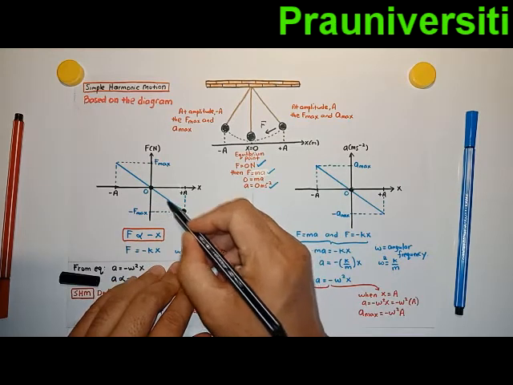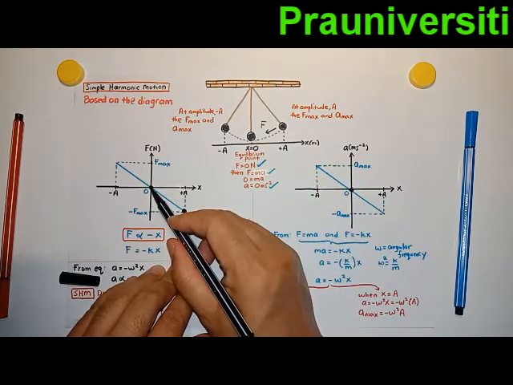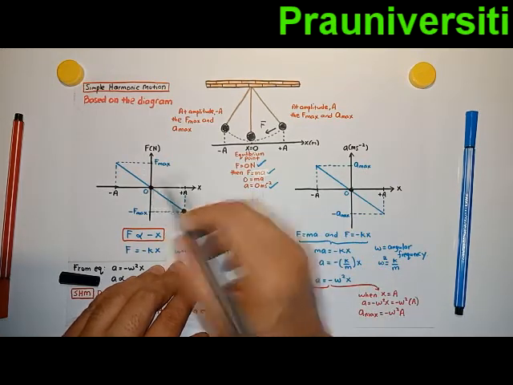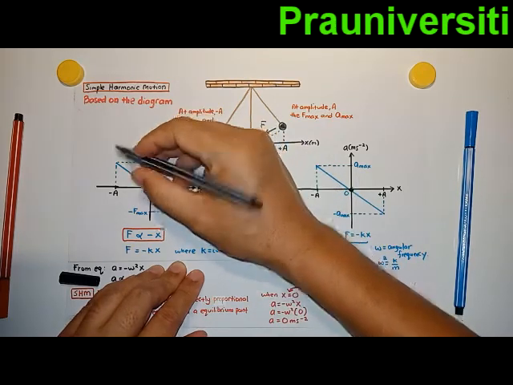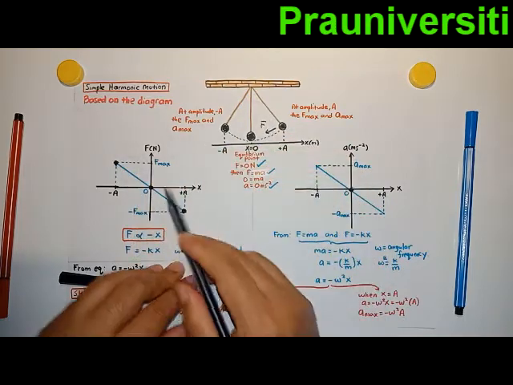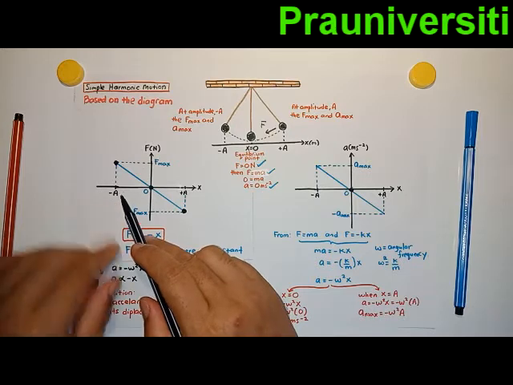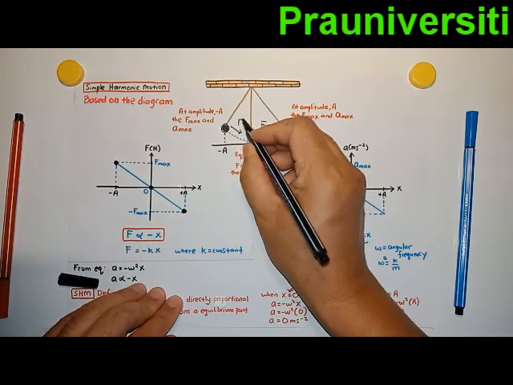So it turns back to the equilibrium, and when it reaches x equal to 0, the force is equal to 0 here, and then it goes to the negative displacement. Then it reaches the amplitude. In this case the F is a maximum, but the displacement is negative because the direction of the F is here.